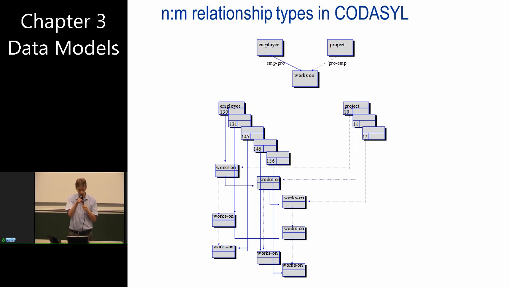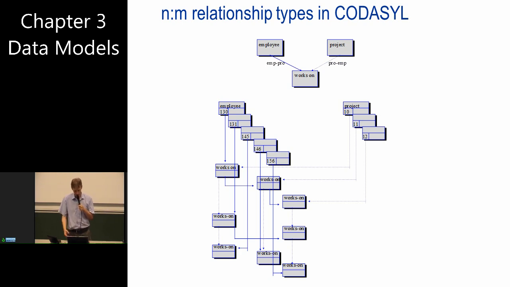And then you can follow the linked list, he or she is going to work on project 11 and project 12. If there would be attributes that come with the relationship type, like number of hours worked, well, number of hours worked can also be stored in the works on dummy record type. But you see, this dummy record type is again not a very nice construct, because it's a construct that we have to introduce in order to deal with the shortcoming of the model, which is not very nice. So for an end user, this works on dummy record type is really not very nice.